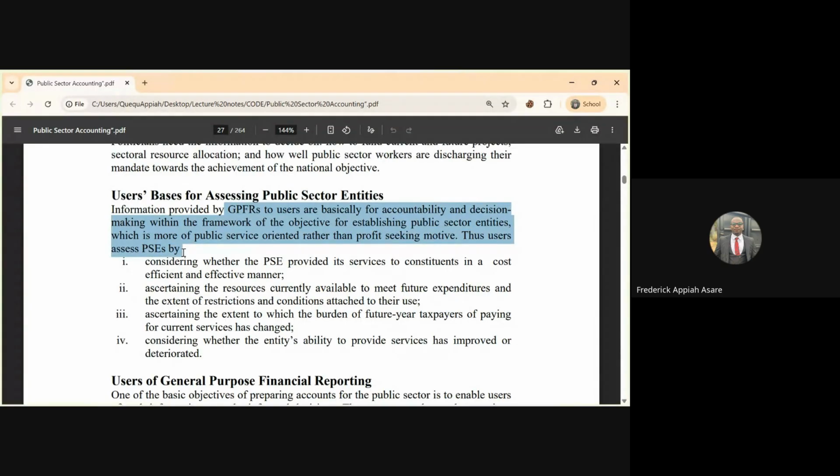Users assess public sector entities by, one, considering whether the entity provided services to constituents in a cost efficient and effective manner.